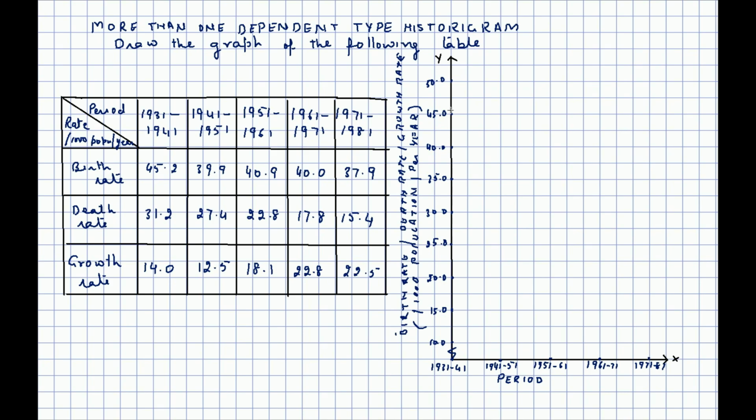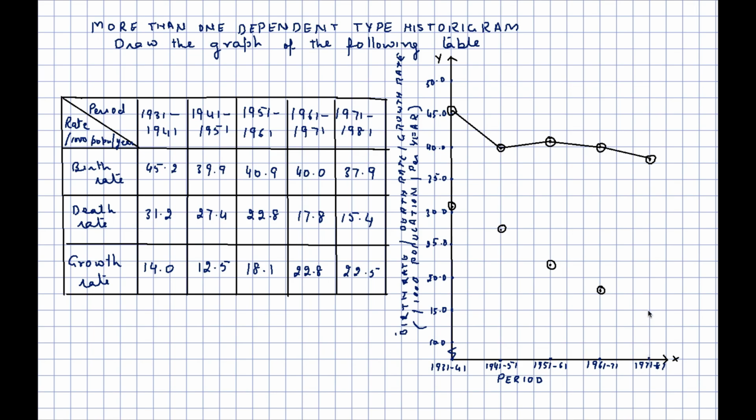Now we'll start plotting the points. First point is 45.2, second is 39.9, third is 40.9, fourth is 40.0, and fifth is 37.9. Now we will join these points using a line. Coming to a second dependent variable, that is death rate, we will have first point 31.2, then 27.4, third point 22.8, fourth 17.8, and fifth 15.4.